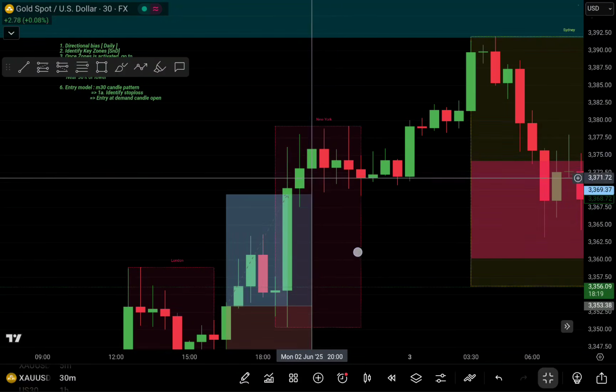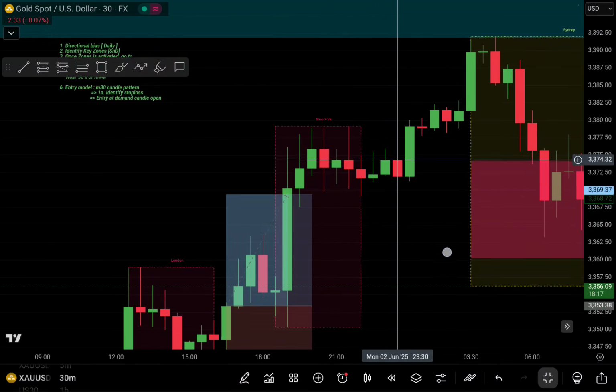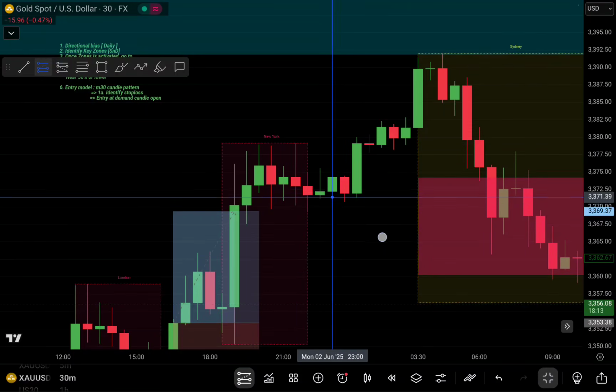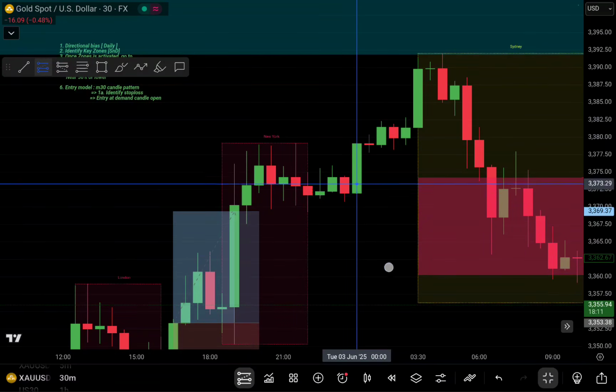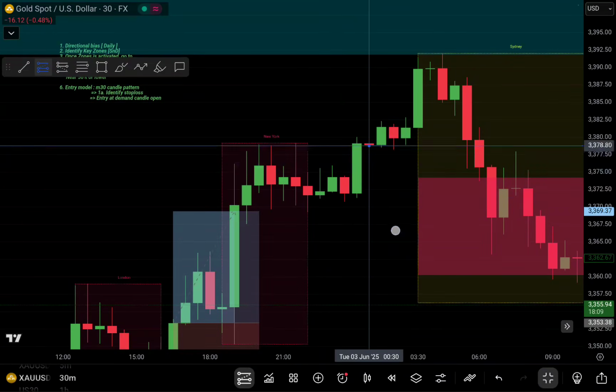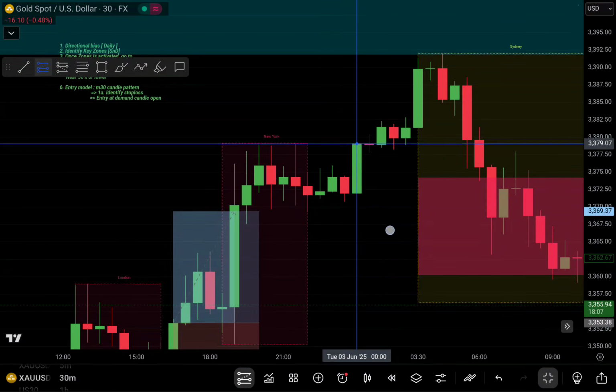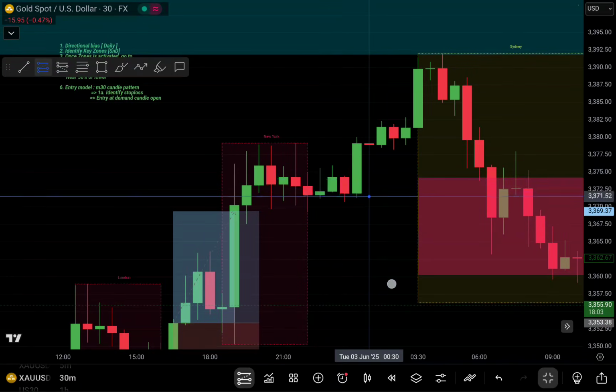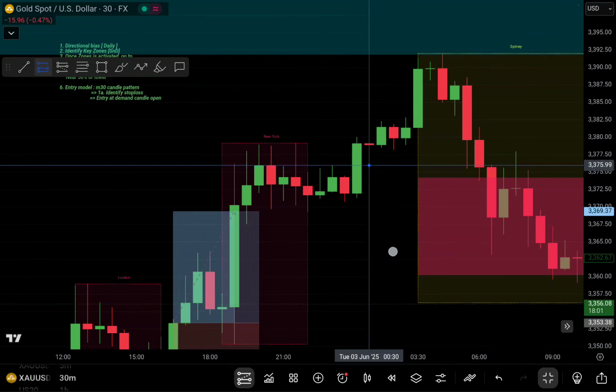Then you wait here again, you see the price has moved out. Now this is a very choppy area, right? In a choppy area you wait for an engulfing candle, you wait, and then at this 12 o'clock, midnight, you get this huge engulfing candle, right? But like we discussed, since this is a huge engulfing candle, there's a probability that price retraces.